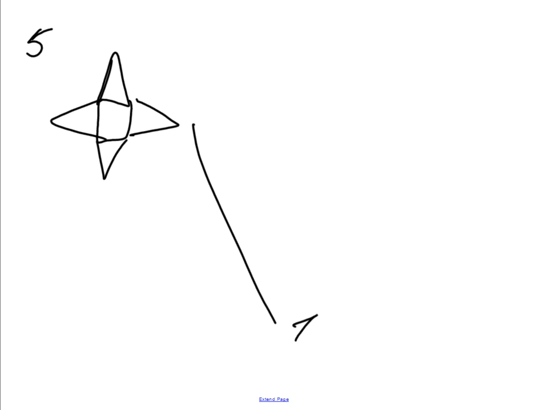Question 5. We've got to connect the nets. So, rough drawing of the net there. Which one's that connected to? Well, that's going to go downwards all the way to the bottom to the triangular prism. Is it?